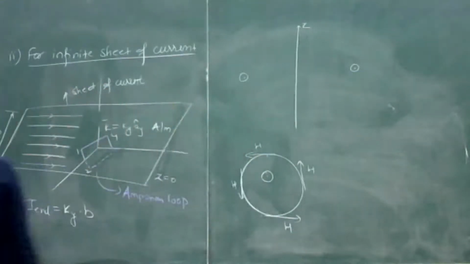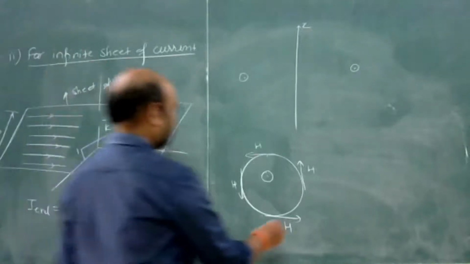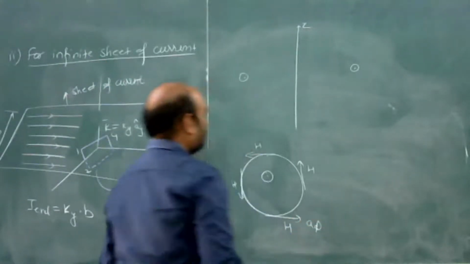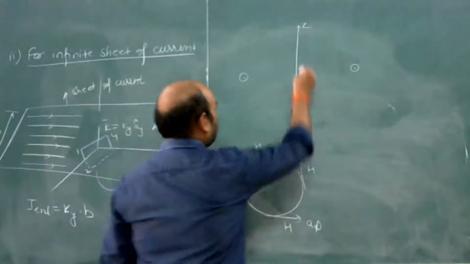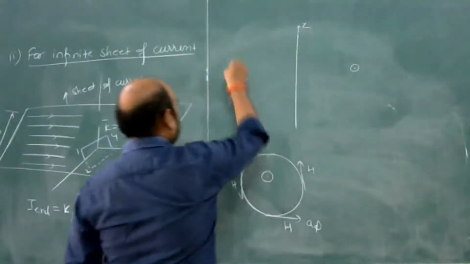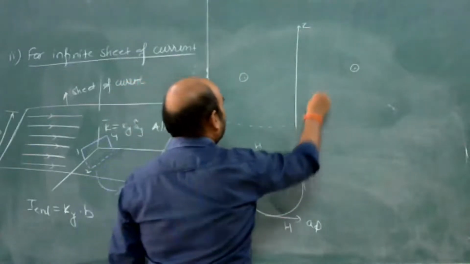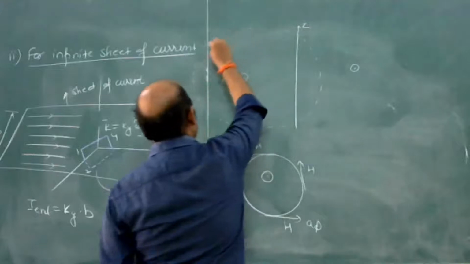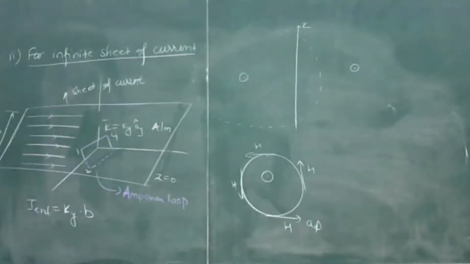So we will get the direction of H in a phi direction. Here we want to find the value of H. Let's suppose it will encircle the conductor like this.